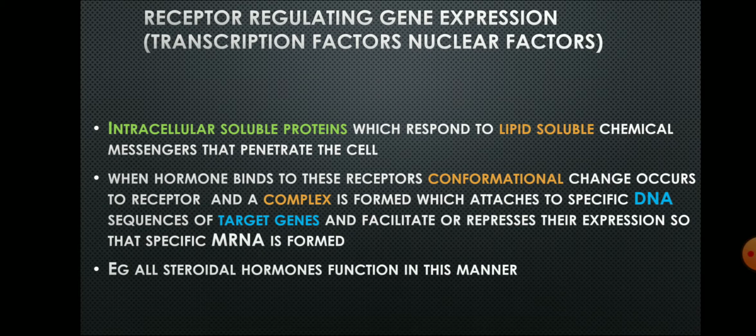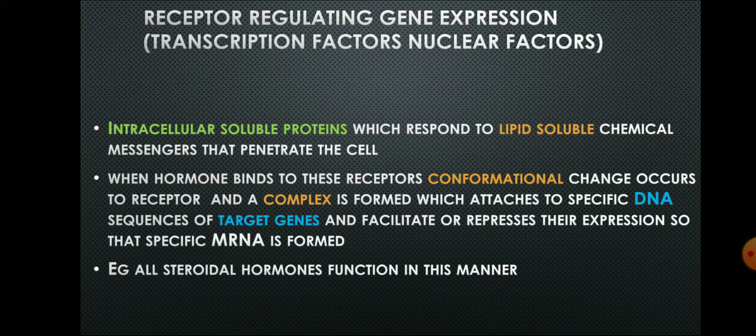Now the last kind of receptors, we are having receptors regulating gene expression, right? So these are the transcription factors and the nuclear factors. Okay, now intracellular soluble proteins which respond to lipid soluble chemical messengers that penetrate the cell.